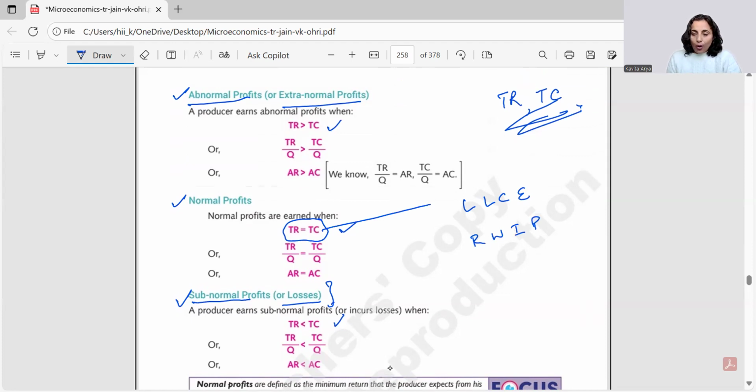So if costs are fully recovered, it means that the bare minimum profit which is required to keep this entrepreneur in this work is also recovered. Right, because he is also one of the factors of production, and if he is getting that bare level of return for his production activity, this would be a part of normal profits.